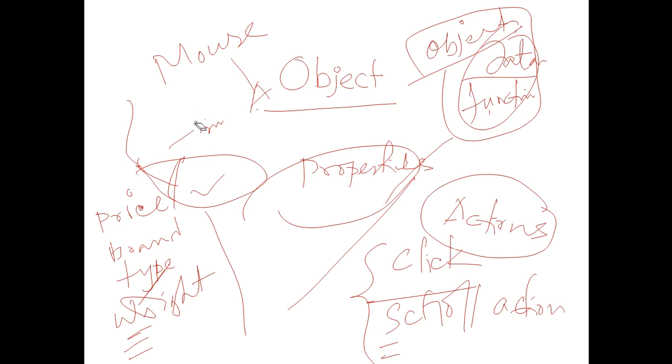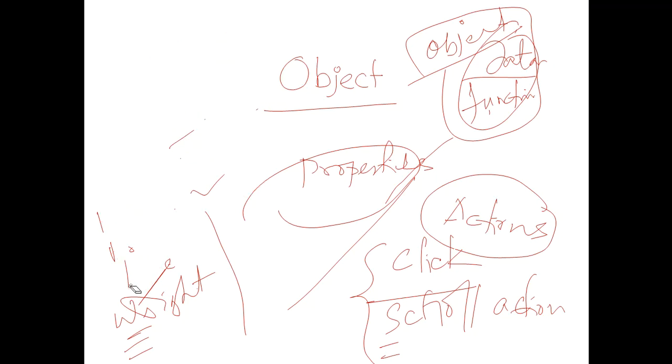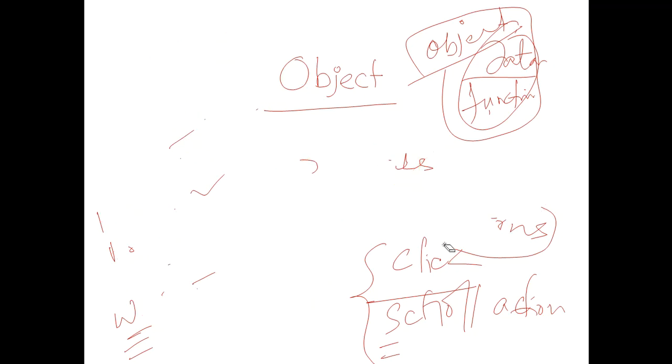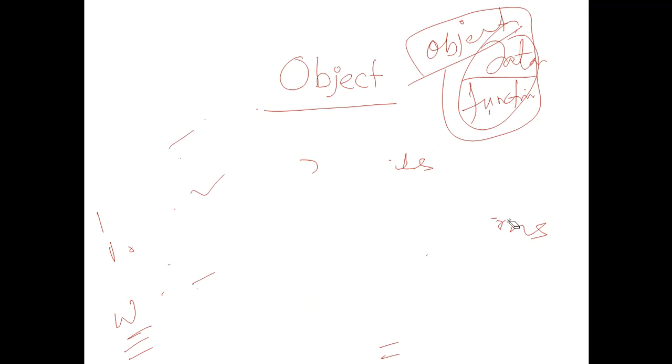So let us give another example. Let us talk about a student. Suppose this is the student. So this student has two parts. One is the data, another is the action.